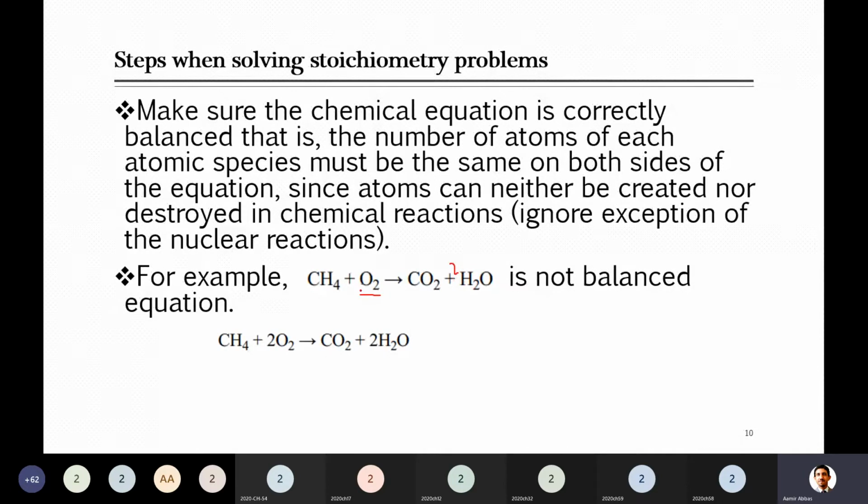So overall there are 2 oxygen on the reactant side, and on the product side you have 2 plus 2, 4. So how can you balance it? You can just multiply this side also with 2. When you multiply oxygen with 2, the oxygen on the reactant side becomes the same as on the product side. So the balanced equation is provided in the next equation, which is written here. That is the balanced equation.